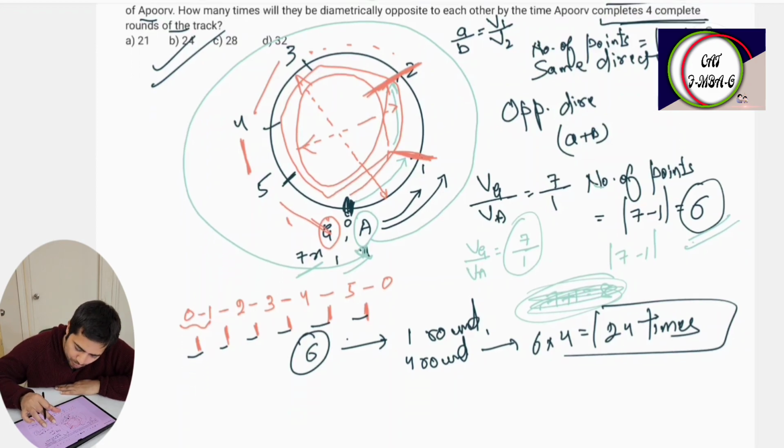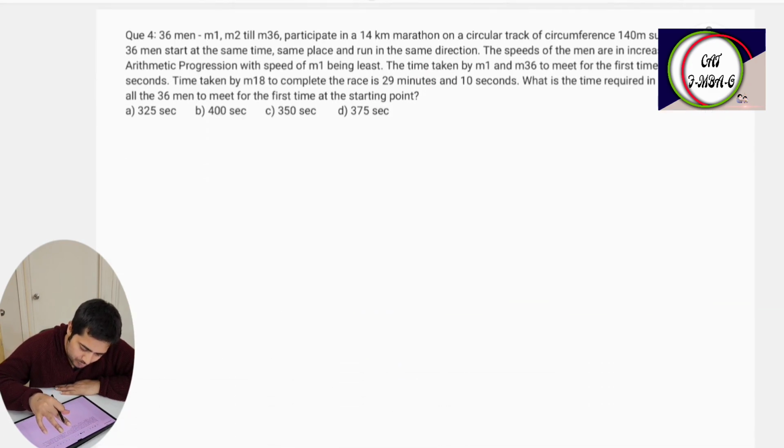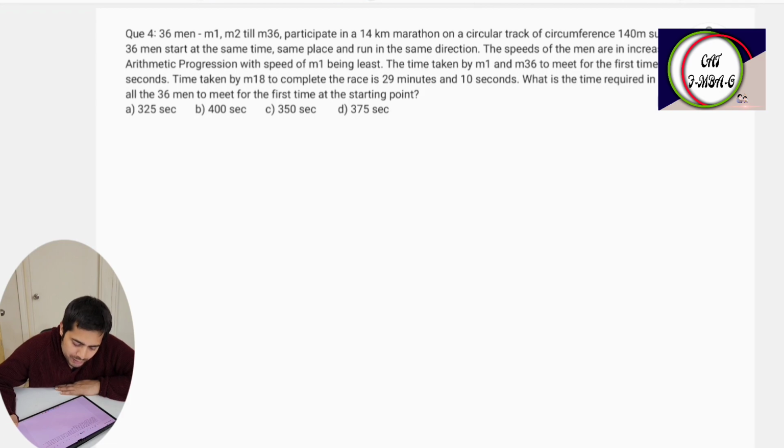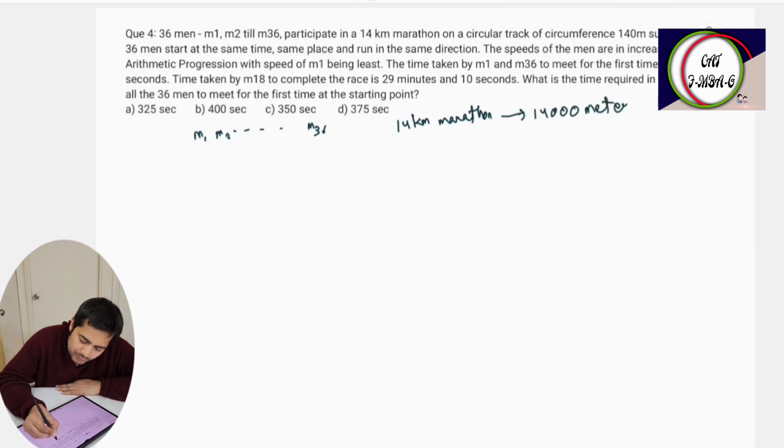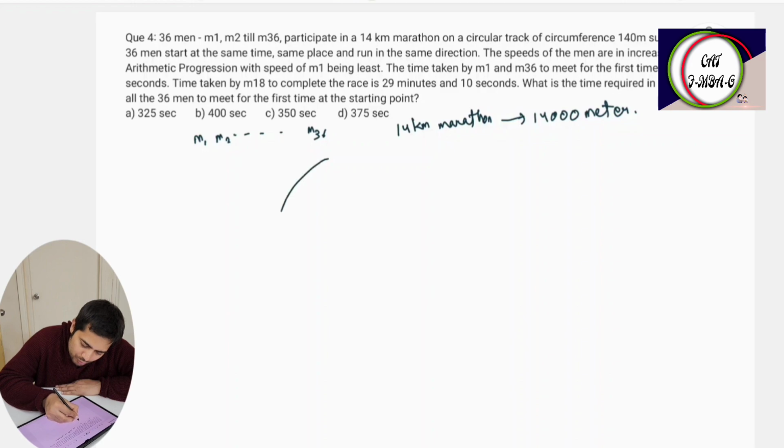Let's see question number 4. Okay, 36 men, M1, M2 till M36, participate in a 14-kilometer marathon, or 14,000 meters, on a circular track of 140 meters.